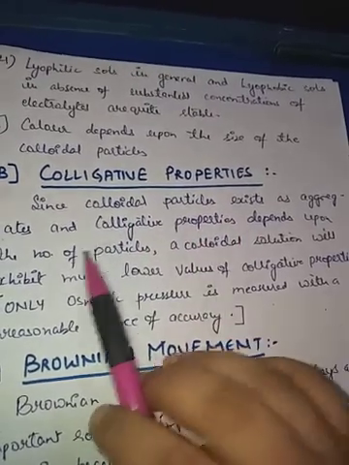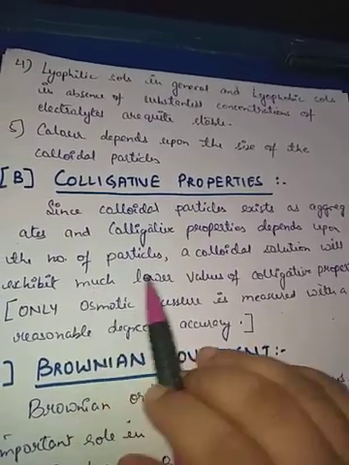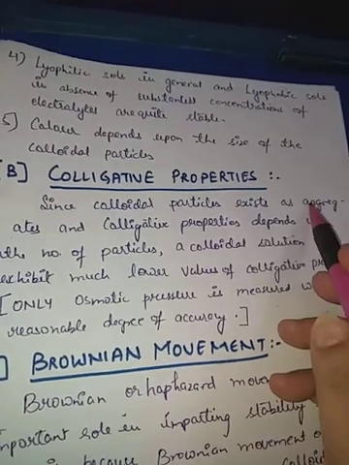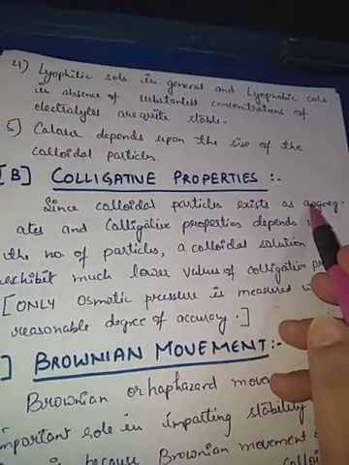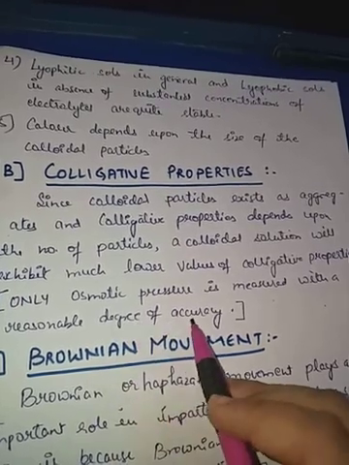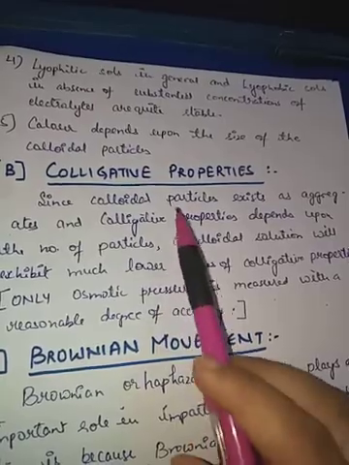Colligative properties depend upon the number of particles, so a colloidal solution will exhibit much lower values of colligative properties because of this aggregation. Only osmotic pressure is measured with a reasonable degree of accuracy, and from it we can calculate the molecular mass of the substance.